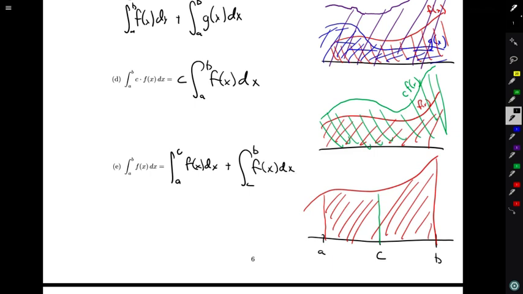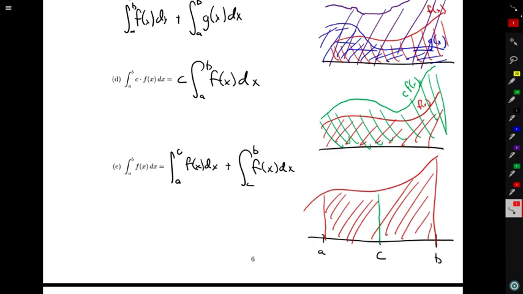So this formula tells me that the total area between a and b is equal to the total area between a and c, the left half, plus the area between c and b, the right half.